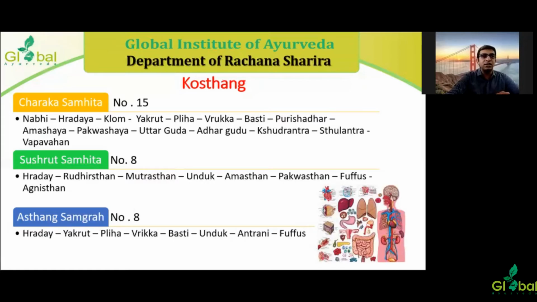As per Ashtanga Sangraha, hridaya, yakrit, pliha, vrikka, basti, unduka, antra, and phupphusa, which are the heart, liver, spleen, kidneys, urinary bladder, cecum, intestine, and lungs, respectively.